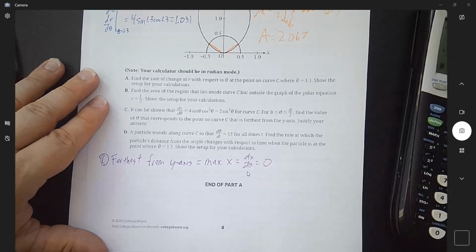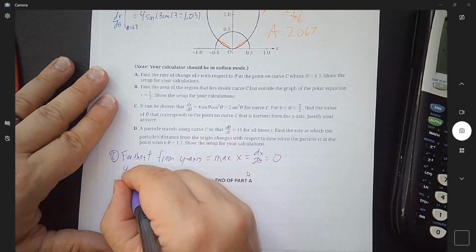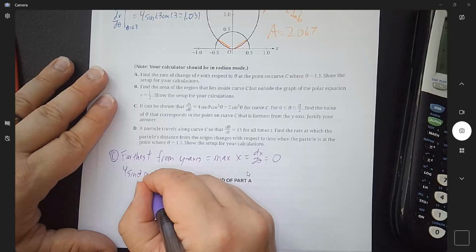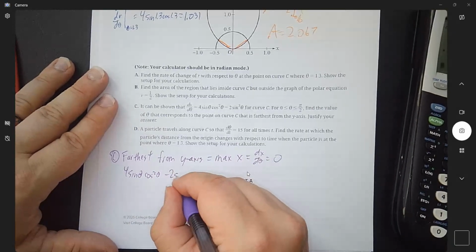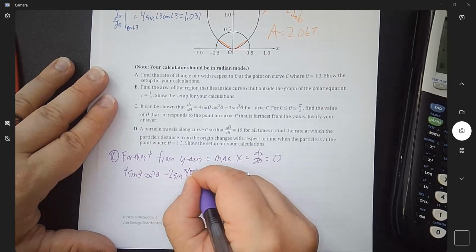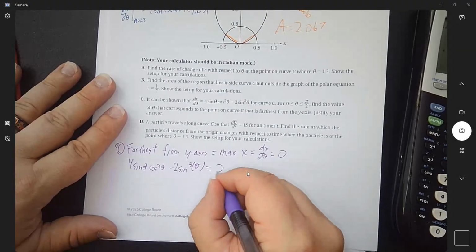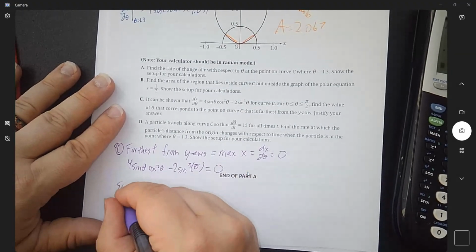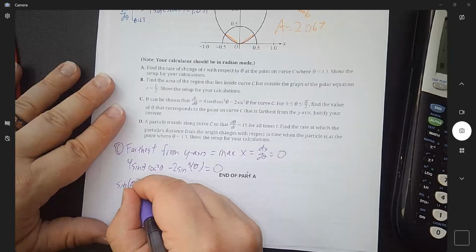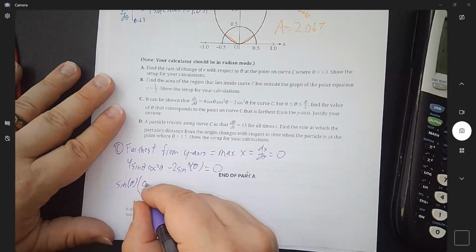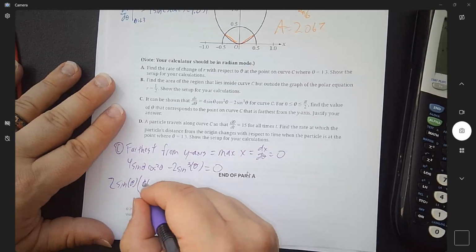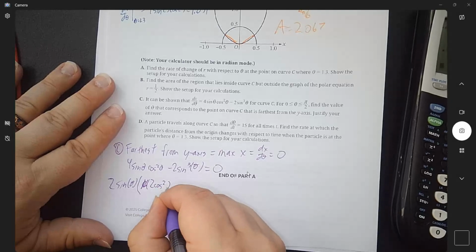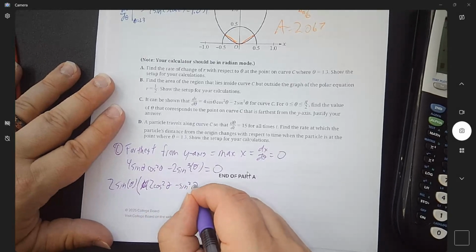Let's set this equal to 0: 4 sin θ cos²θ minus 2 sin³θ equals 0. We're going to factor out a sine, and factor out a 2, leaving 2 cos²θ minus sin²θ.